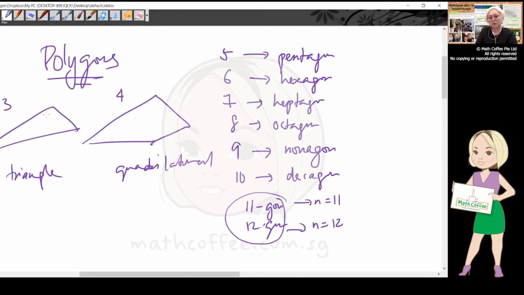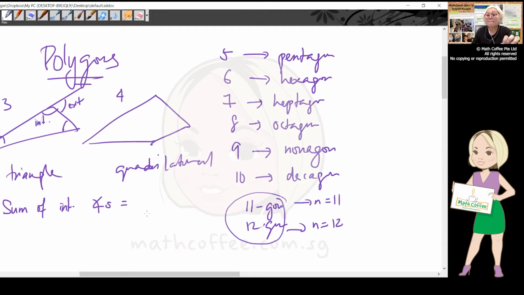Next, what are the formulas that you need to remember? They always ask. The inside here is called the interior angle. When you extend the straight line outside, it's called the exterior angle. So there is the sum of interior angles formula.